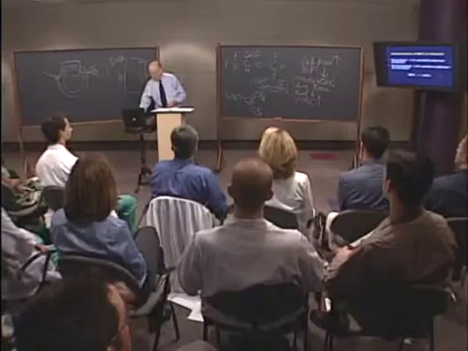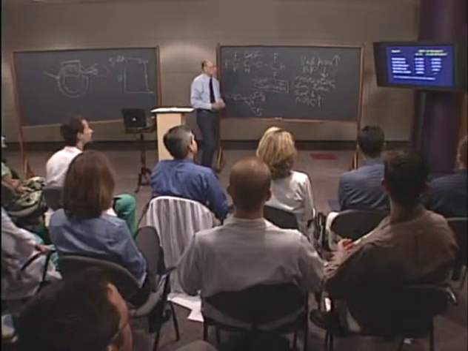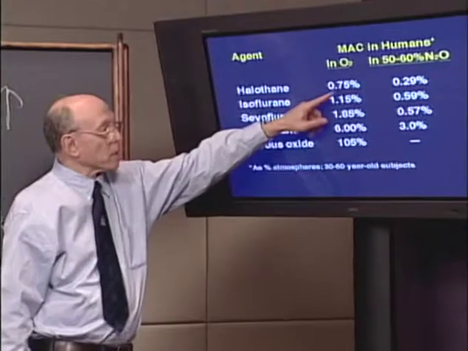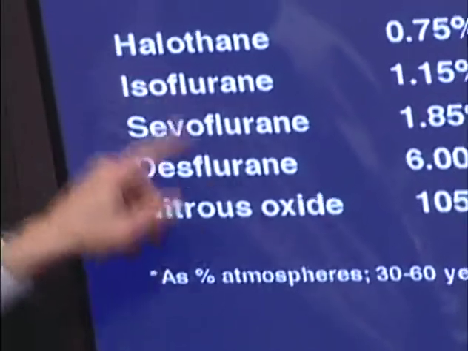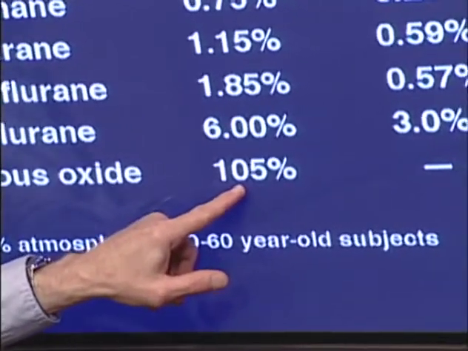Now here are the resulting values from determinations of MAC in humans. If you talk about the MAC values in oxygen, they range from a low of 0.75% for halothane to a high of 105%. That's of what?